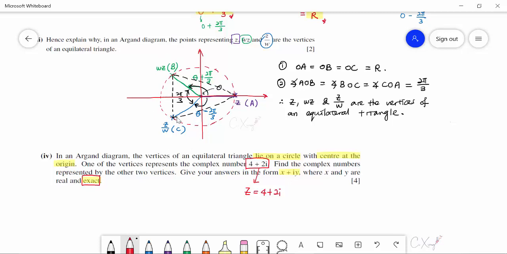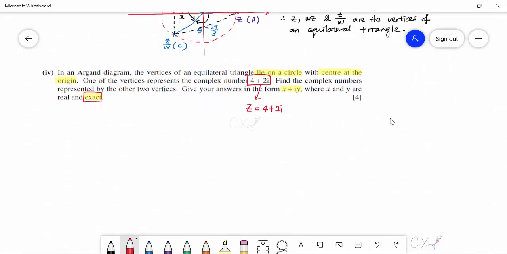So for this part, we will let z equal 4 plus 2i, one of the vertices of the equilateral triangle. Another complex number for that equilateral triangle will be wz, or zw also can. So what is your w? Negative half plus square root 3 over 2 i. This is given at the very beginning of the question. And now I have 4 plus 2i.